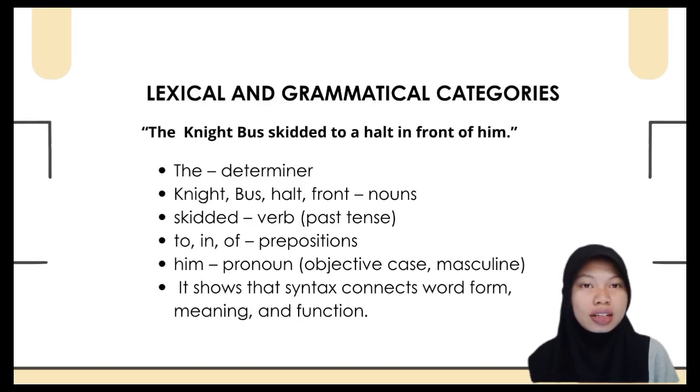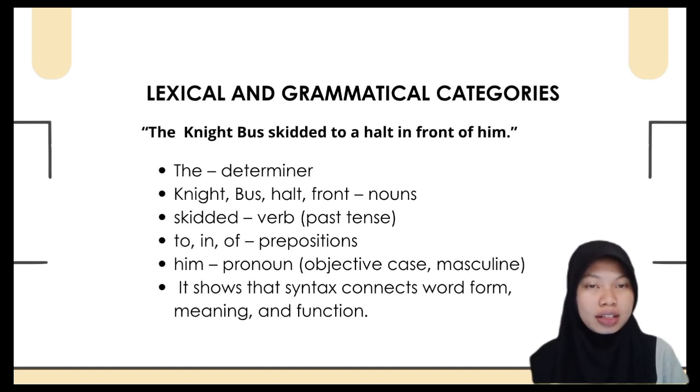Next is the lexical and grammatical categories of the sentence. In the sentence, the night bus skidded to a halt in front of him, each word has its own lexical and grammatical category. For example, the is a determiner.